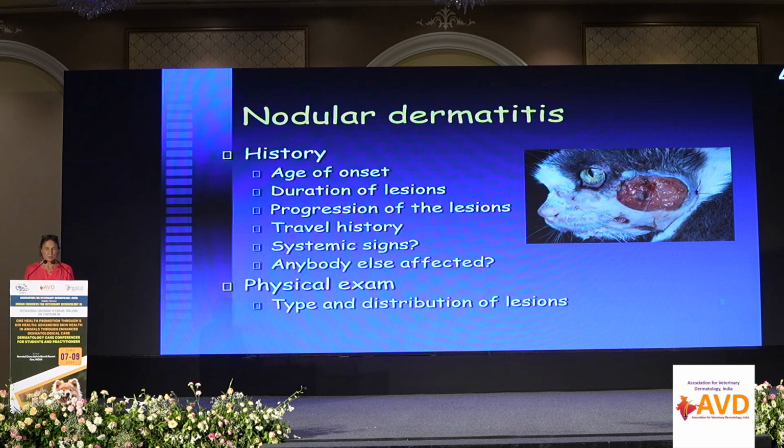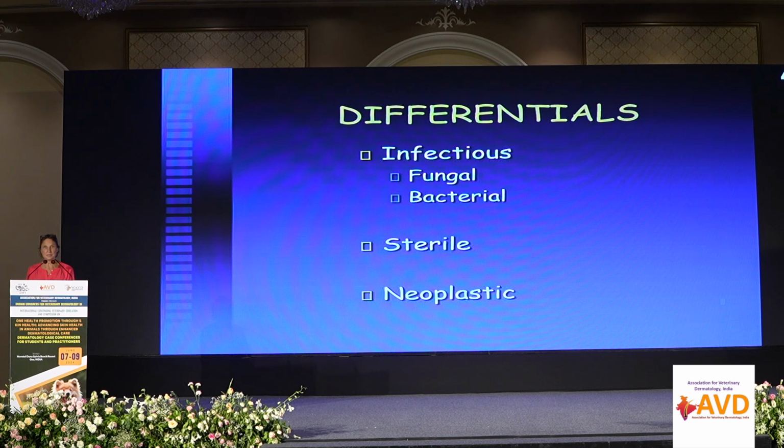When we do the physical exam, we want to notice the distribution of the lesions, if it's a disease that is progressing, and if it's following the lymphatics or not. These are all things to keep in mind. Then mentally, I say to myself, okay, first of all, is it inflammatory or neoplastic? I'm not going to cover neoplastic diseases. For the inflammatory, the next question is: infectious or not?